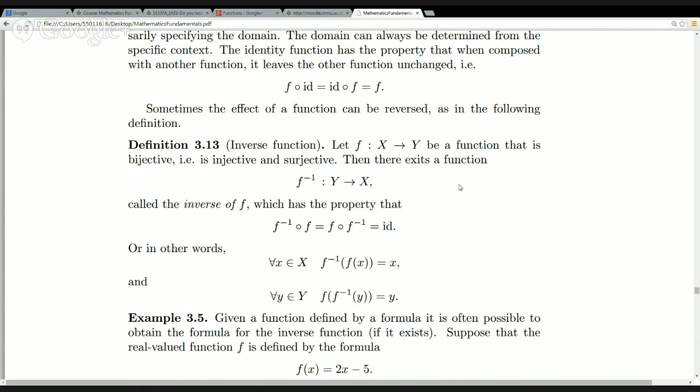You're feeding in the outputs of the original process, undoing the operation, and spitting out what were the original inputs. But of course, you can only do that if every possible element from the set over here is an output of something under f, so you can undo it to produce the original input. And secondly, it can't be non-injective, because this undoing process has to give you a unique answer for any particular input.